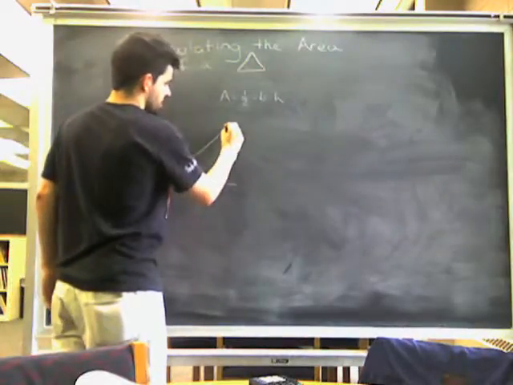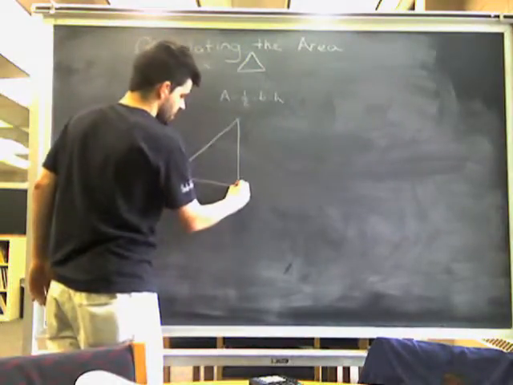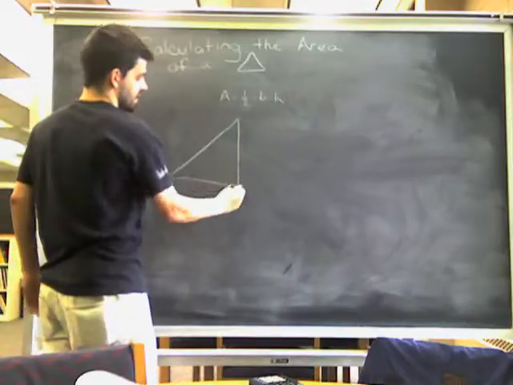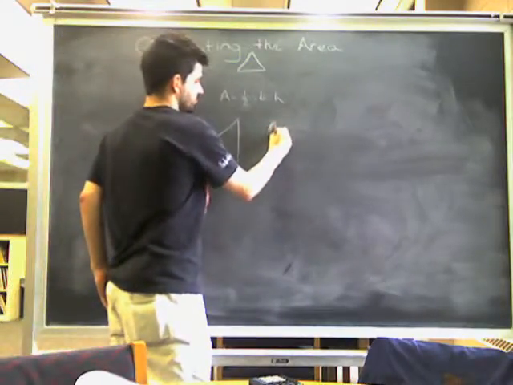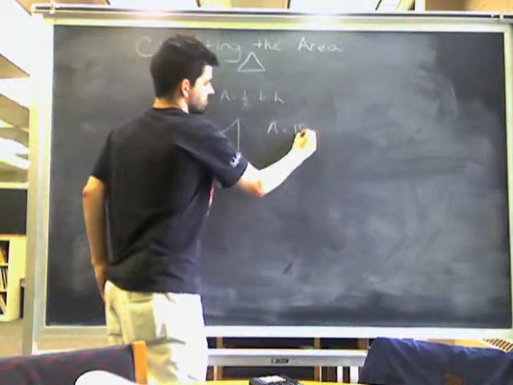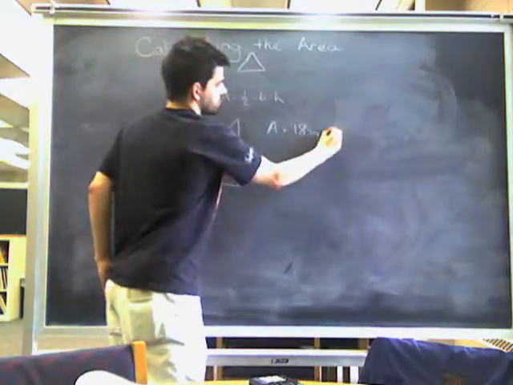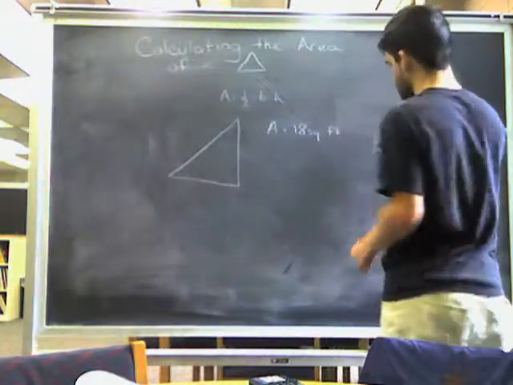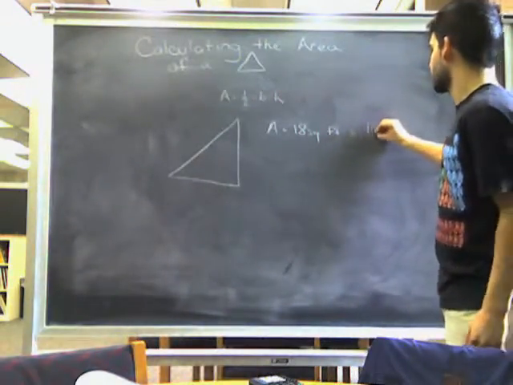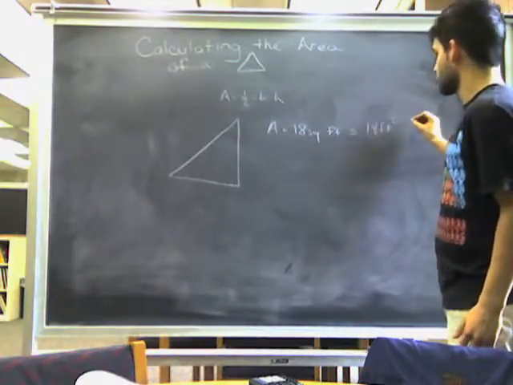So it says that a triangular shaped rug is put into a house that has a square footage of 18. And 18 feet is just equal to 18 feet squared.